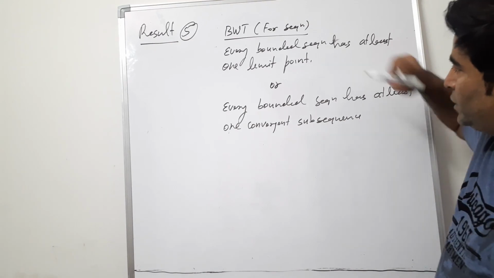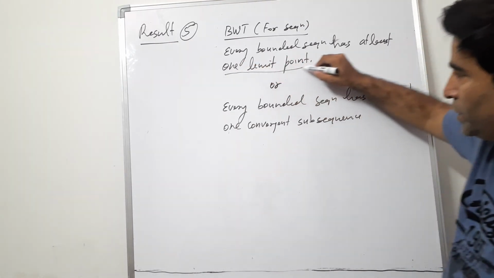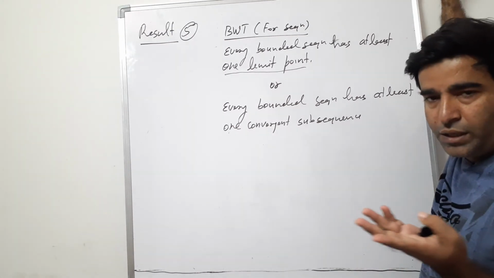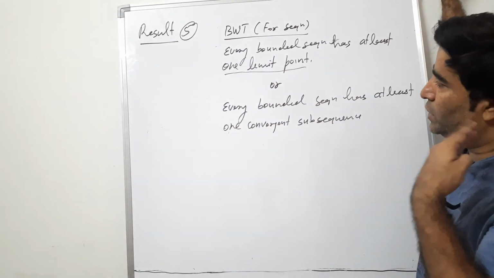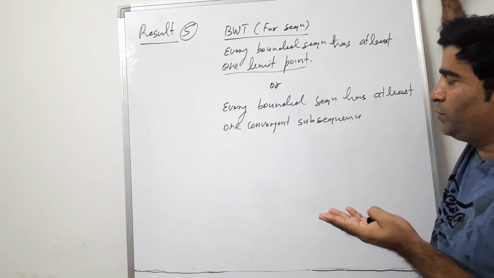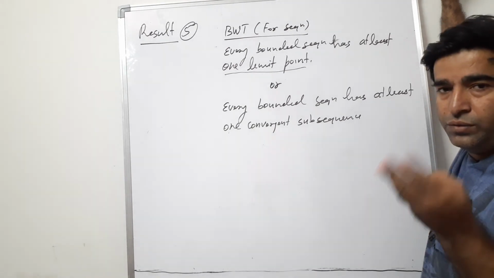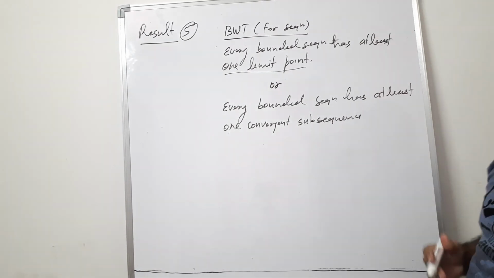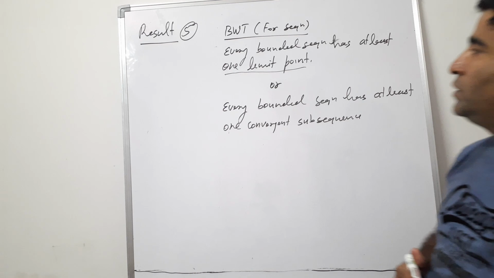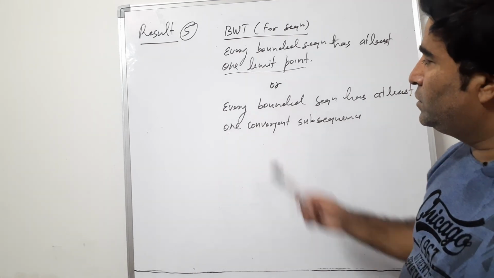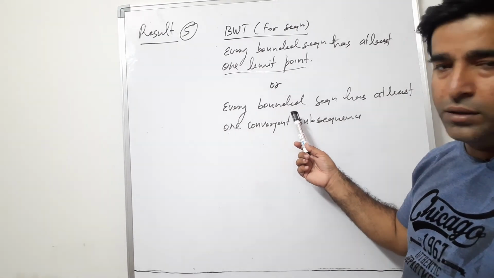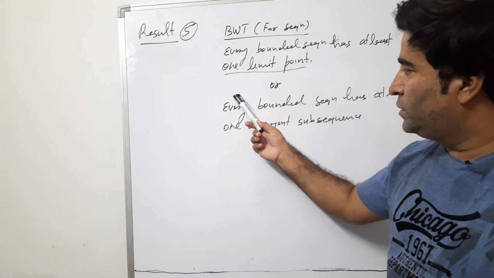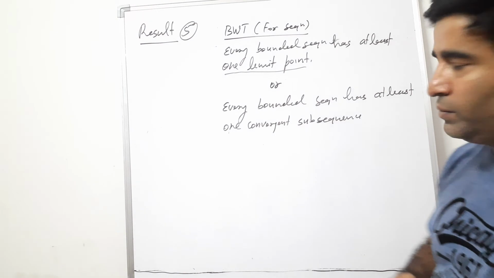Actually, if a sequence is bounded, then it has a limit point, and we can always construct a subsequence for the given limit point which converges to that limit point. Okay, so these are equivalent statements. Some others, like Robert G. Bartle, use this statement of the Bolzano-Weierstrass theorem.